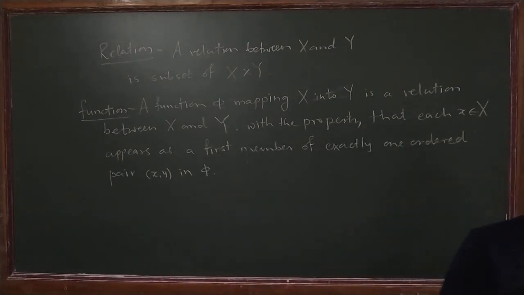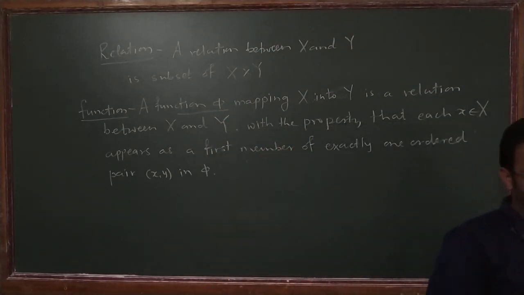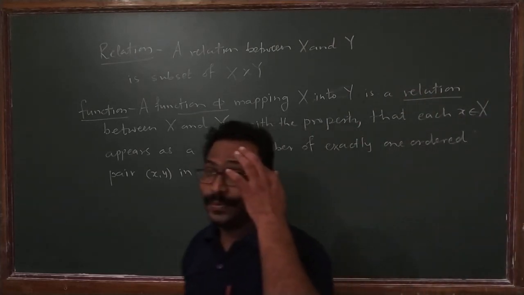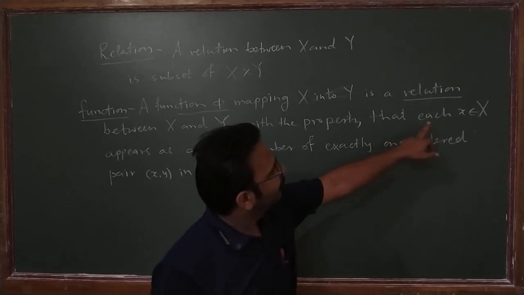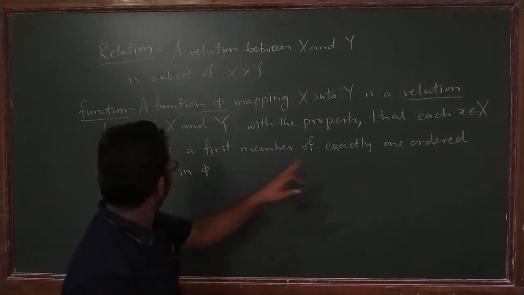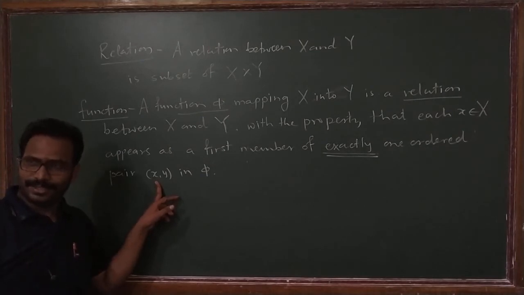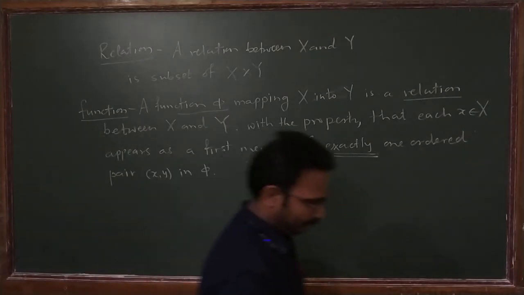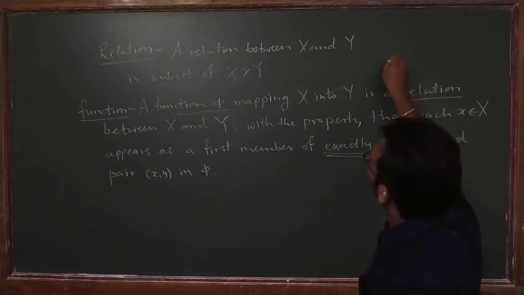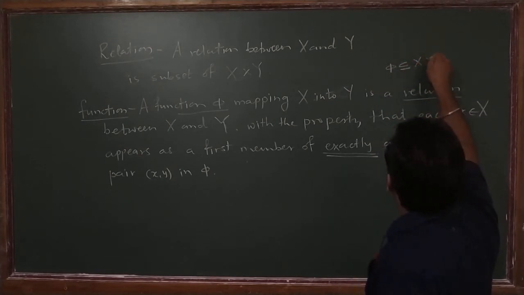So phi, a function mapping x into y, is a relation between sets x and y with a property. Which property? For each x belonging to x, which appears as the first member of exactly one ordered pair in relation phi. So phi is a relation between x and y, which has to be a subset of x cross y.